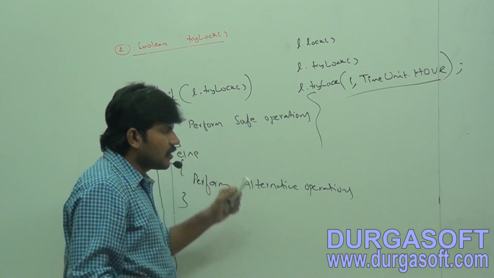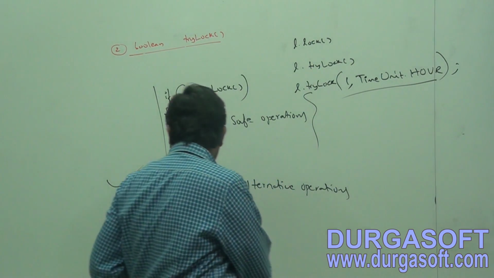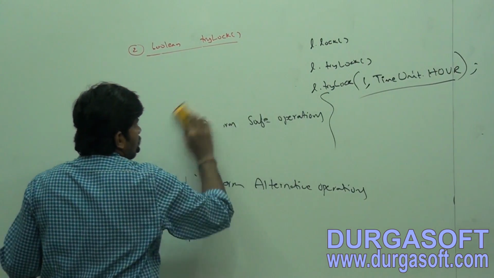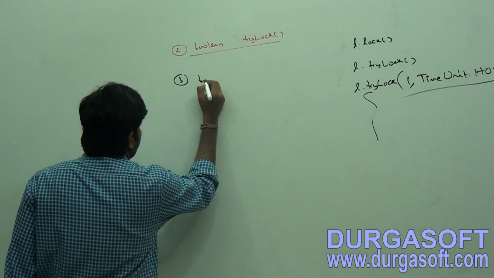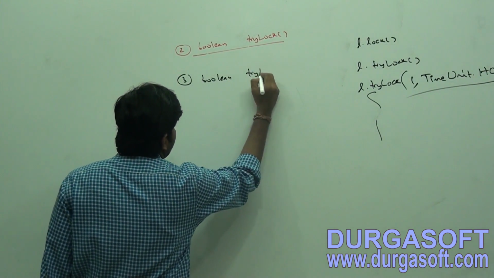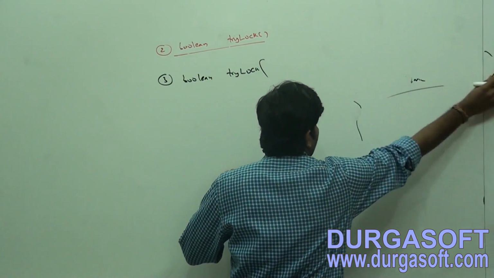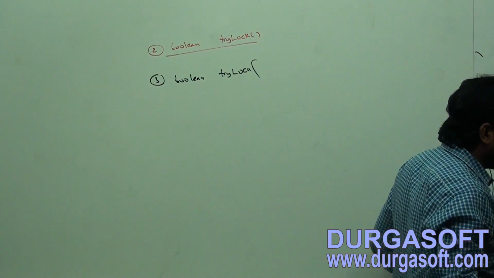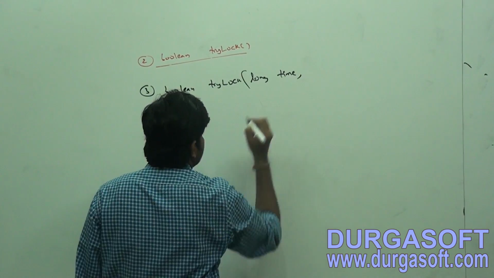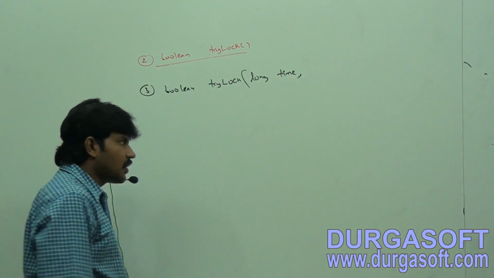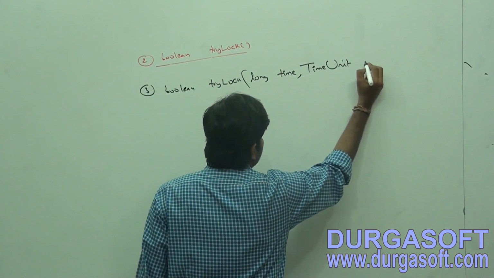Okay. So add the third method. Boolean try lock, long time, TimeUnit unit.